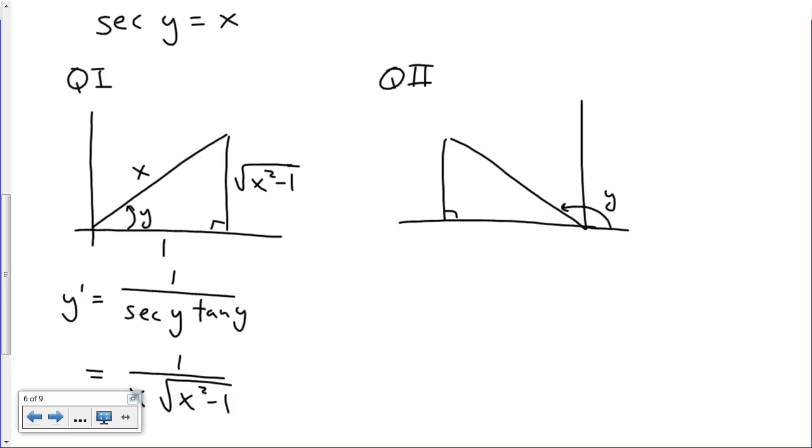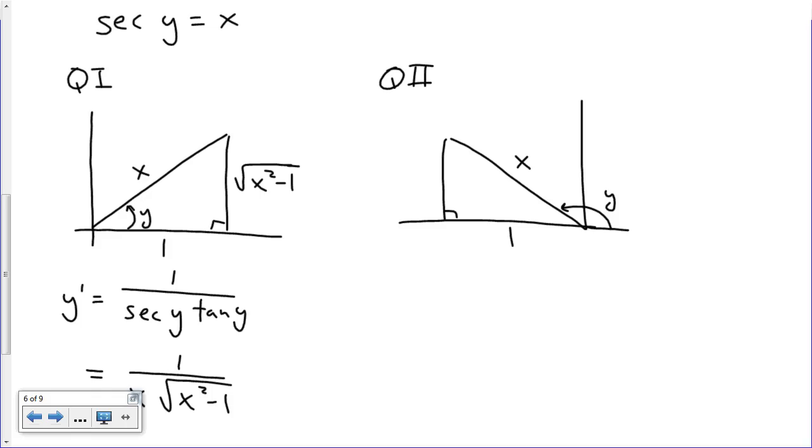It's a right triangle. And again, I've got to have the secant of y is equal to x. So the secant of y, again, is the hypotenuse, which I'd like to call x, over the adjacent side, which I'd like to make 1. Again, that would be the easiest combination to use there, x over 1.